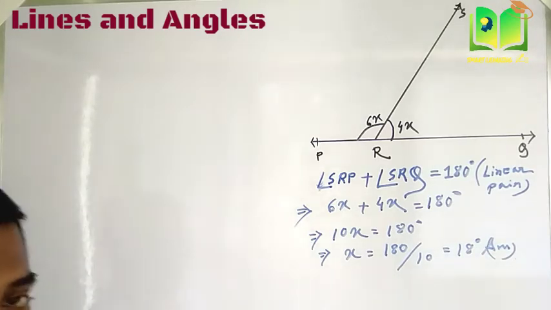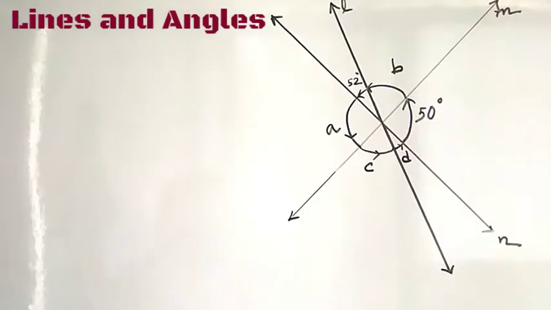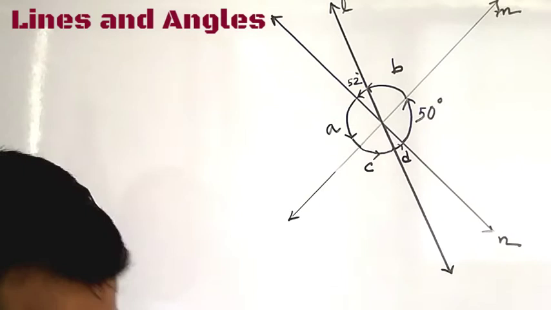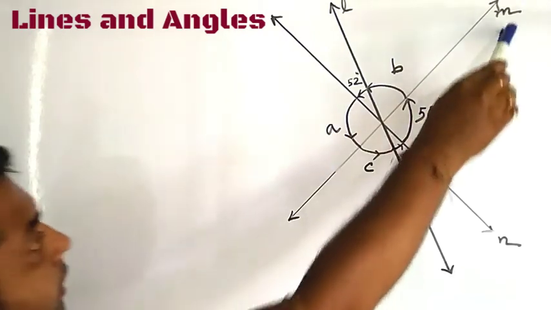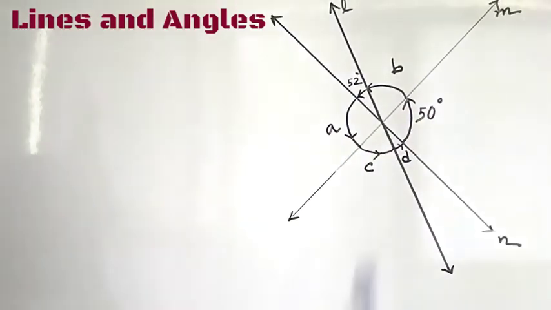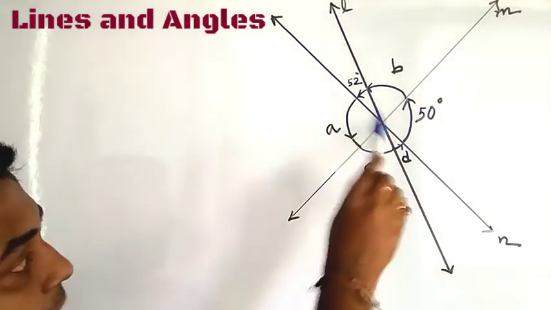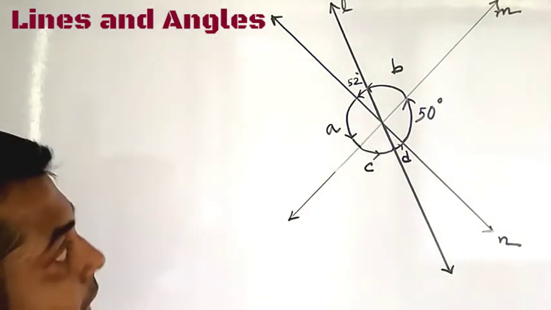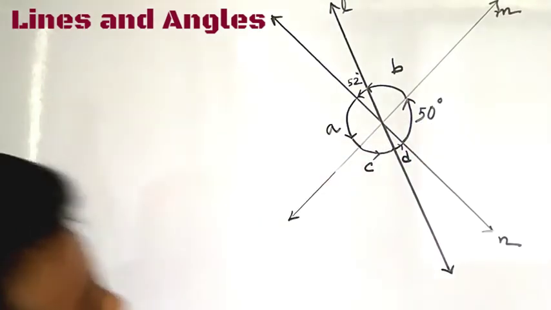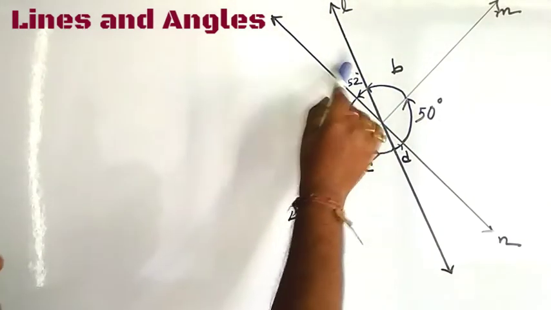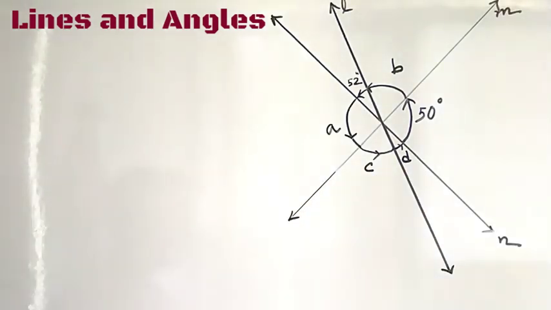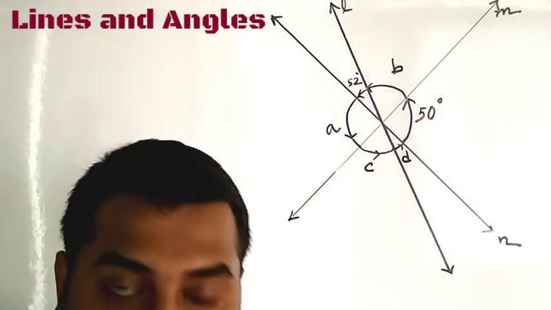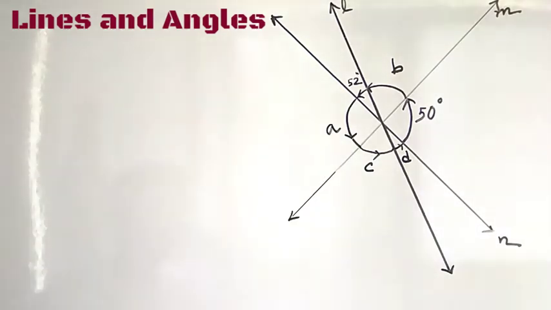Now you will see another math. See the next math. What is the question given here? Lines L, M and N. These three lines intersect at this point, and here this angle is 50 degree, this angle is B, this one is 52, this one is A, this one is C and this one is D. We have to find out the value of A, B, C and D. So let's start.